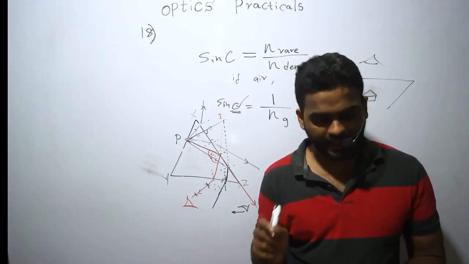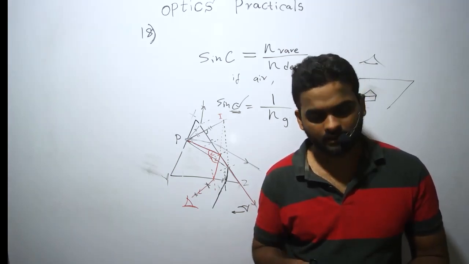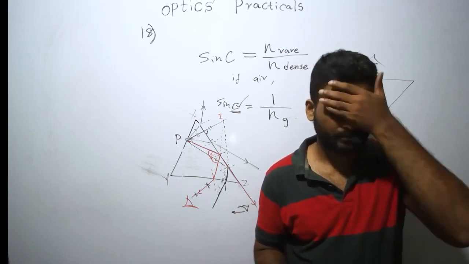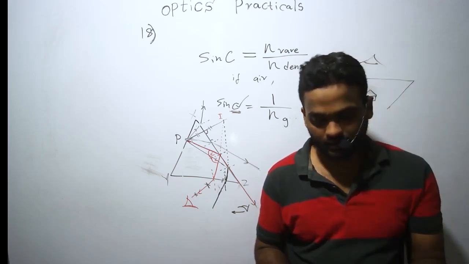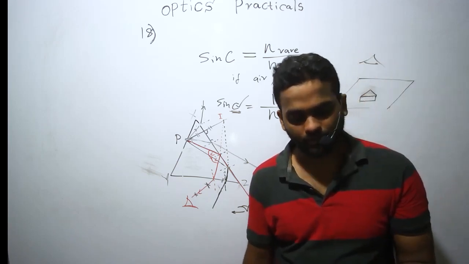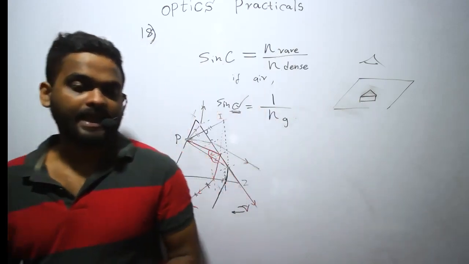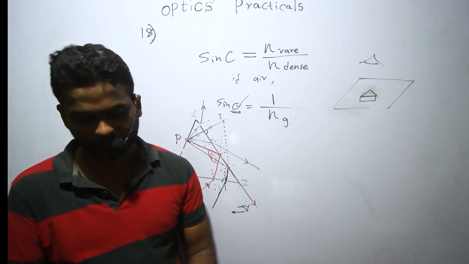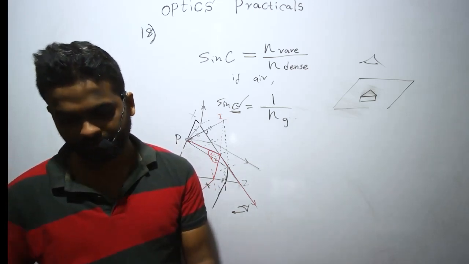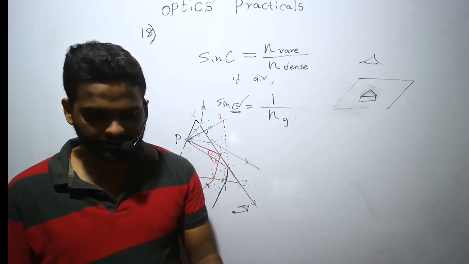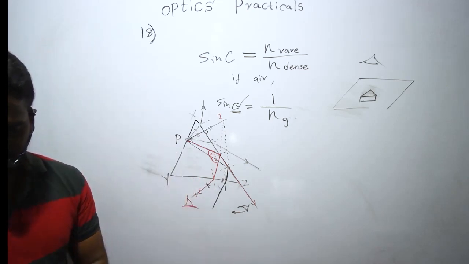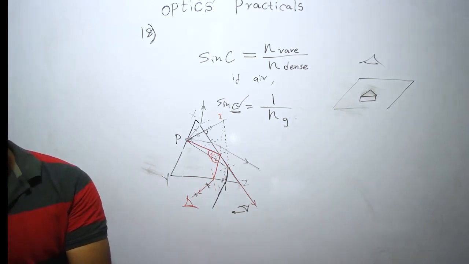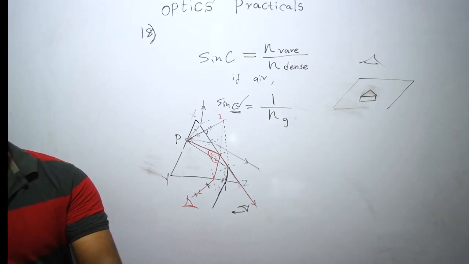Optical pin should be in contact with XY. So refraction from the XY side is prevented.